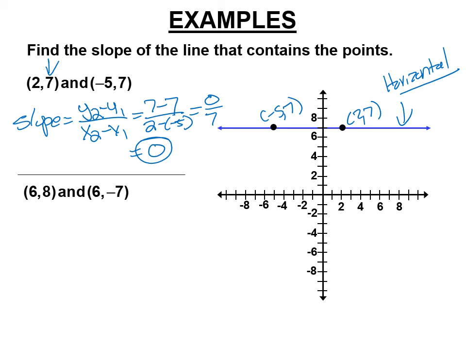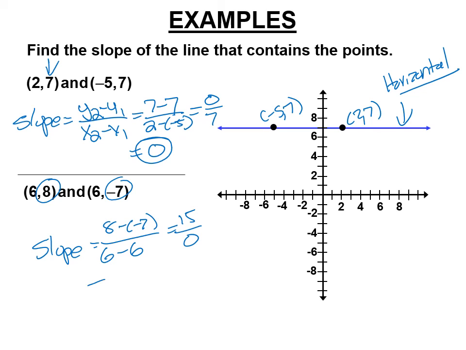Let's try this one. Right, we're subtracting our y's. So 8 minus -7 I'm going to do, get 15. And then I'm going to do 6 minus 6, 0. So that is not a slope of 0. What is that? You can't have 0 in the denominator. It is undefined. What kind of line is undefined for slope?